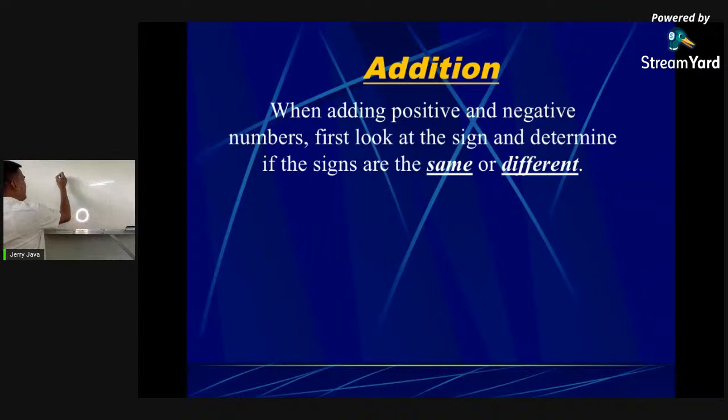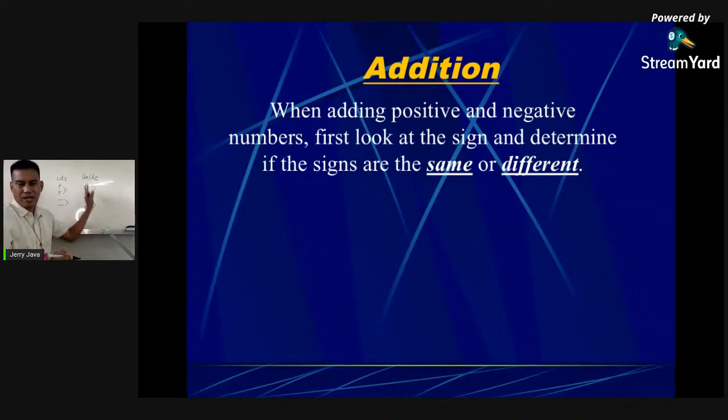Same signs or like signs, importante yan ha. Like signs are both positive or both negative. Kapag unlike signs or different signs, one is positive, the other is negative, or one is negative, the other is positive.